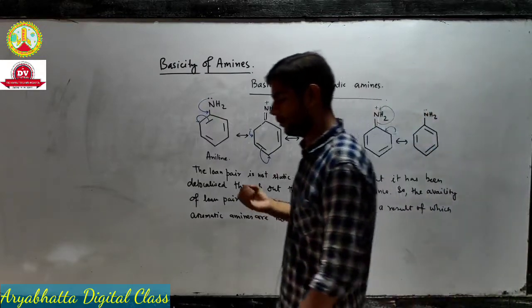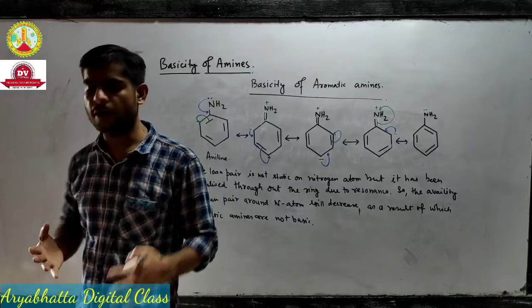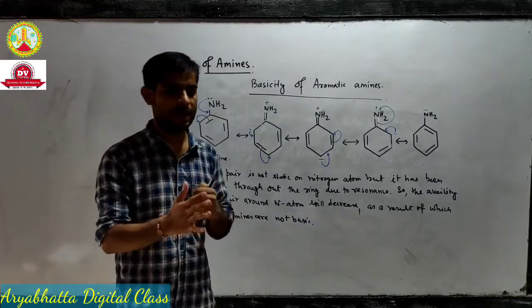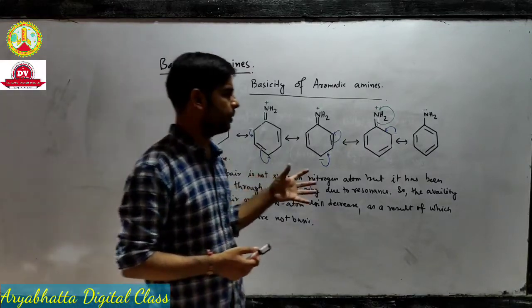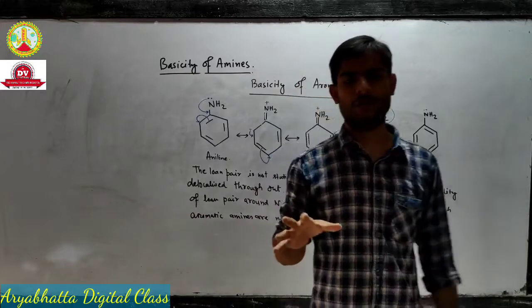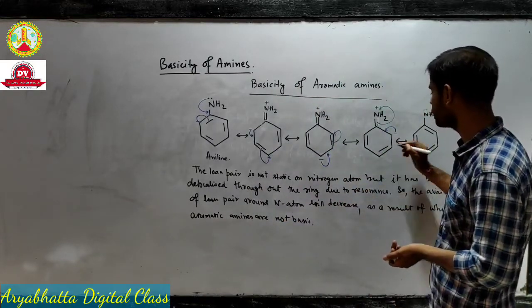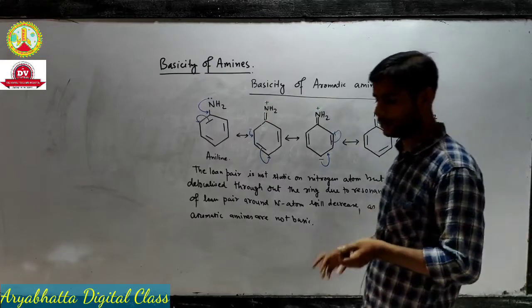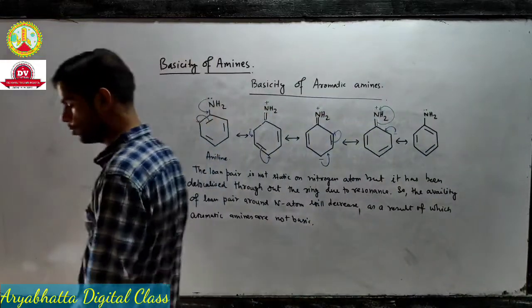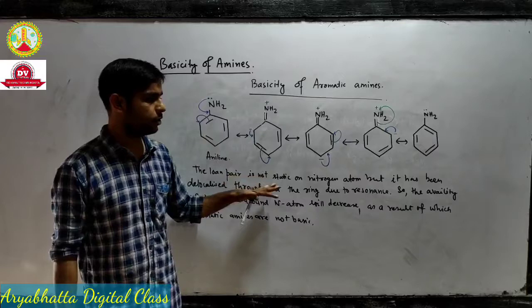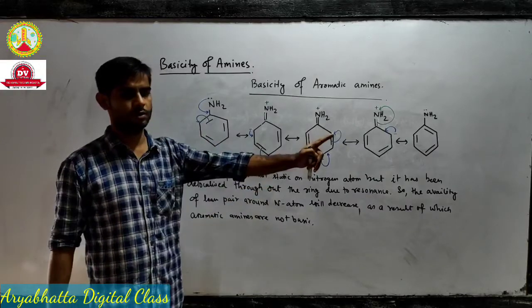Keep in mind that if inductive effect is the reason, then you have to show the inductive effect, how it is happening. If resonance is happening, then you must draw resonating structures. If you do not draw resonating structures, it won't work.